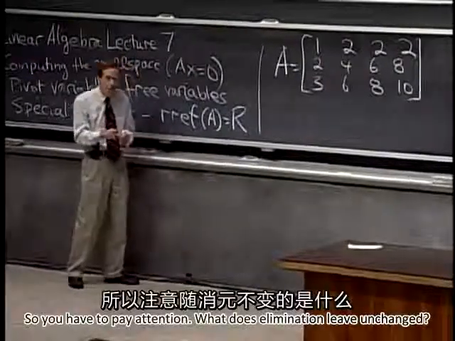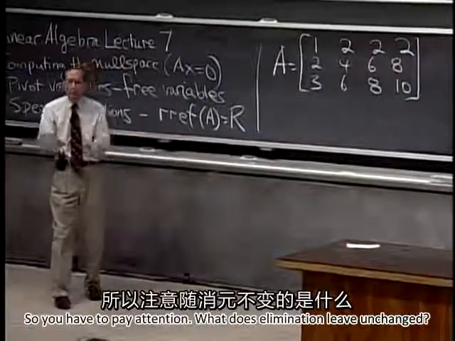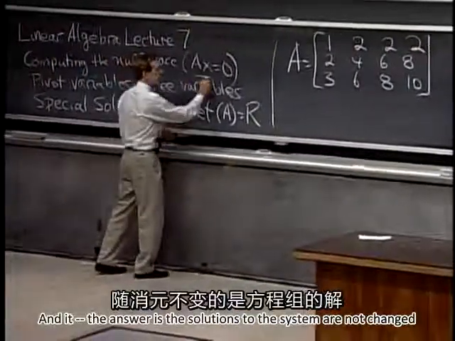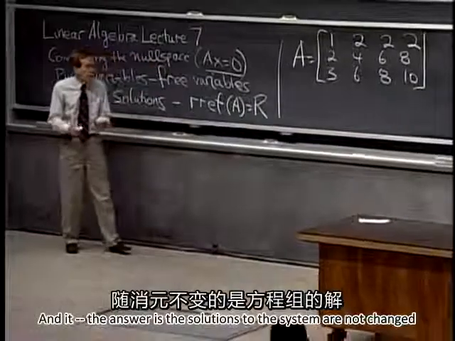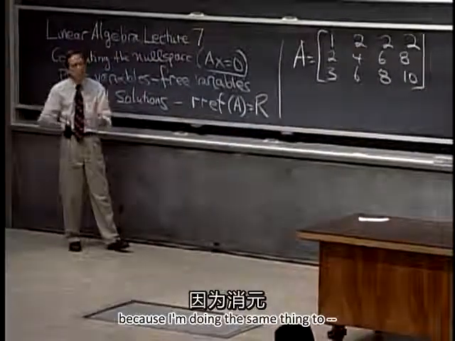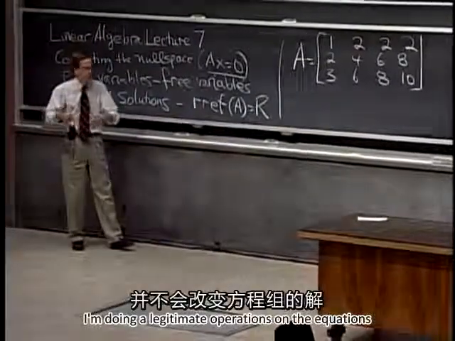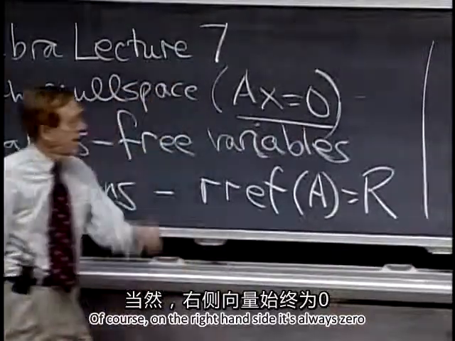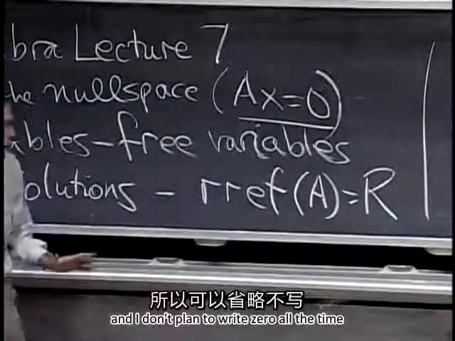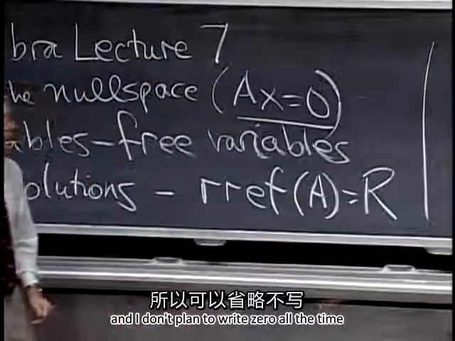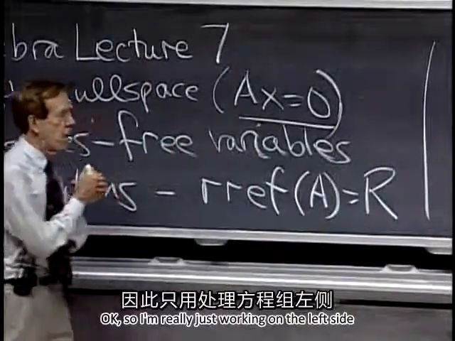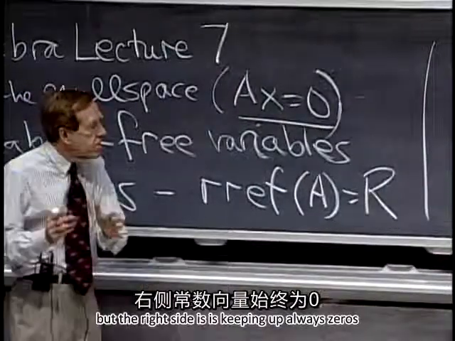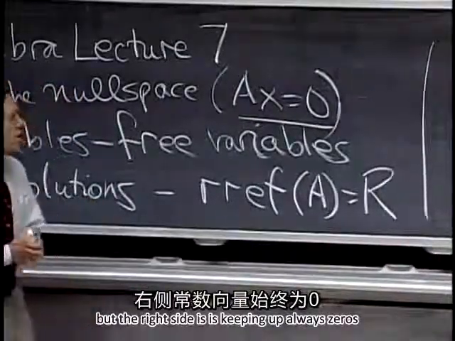So you have to pay attention. What does elimination leave unchanged? The answer is the solutions to the system are not changed because I'm doing legitimate operations on the equations. Of course, on the right-hand side, it's always 0, and I don't plan to write 0 all the time. So I'm really just working on the left side, but the right side is always zeros.